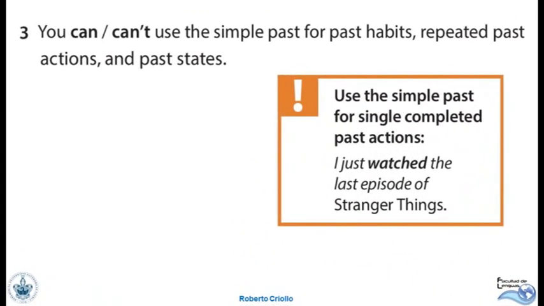And finally, we can use the simple past for past habits, repeated past actions, and past states, although if the actions are repeated or are habits, it's better to use used to, or would if it's an action verb.